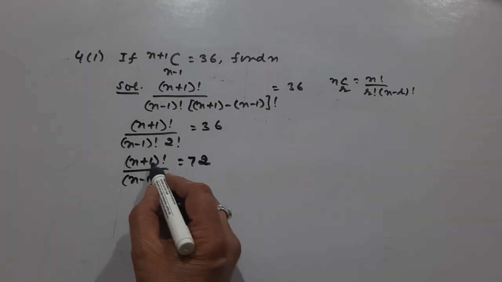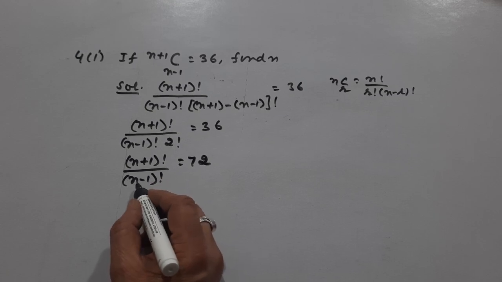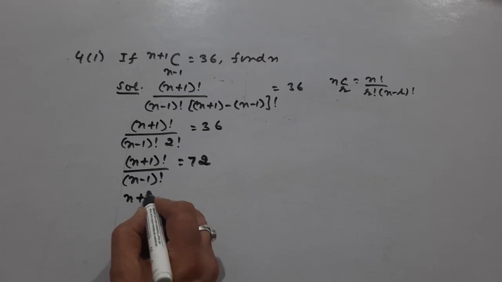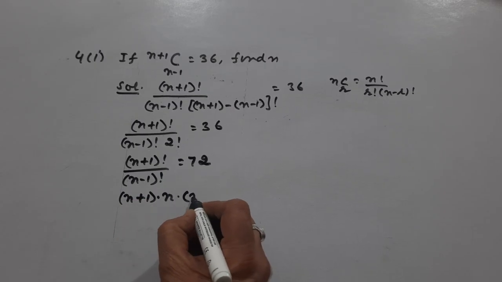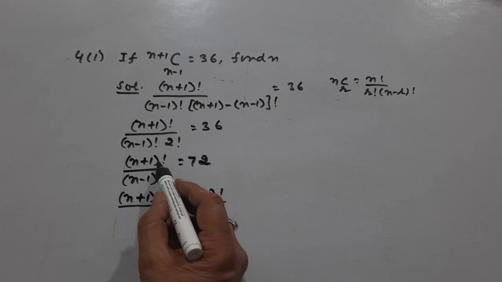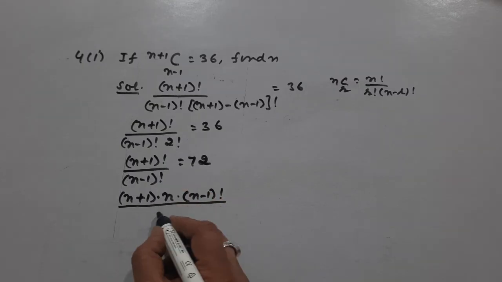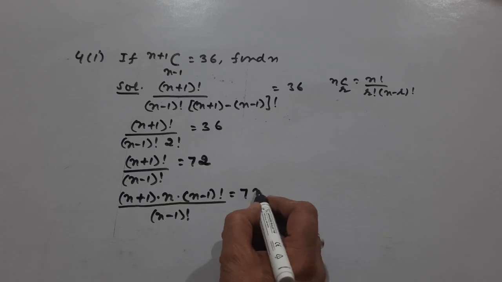Now (n+1)! is larger, so we can write (n+1)! as (n+1) into n into (n-1)!, because factorial is there, upon (n-1)! equals 72.